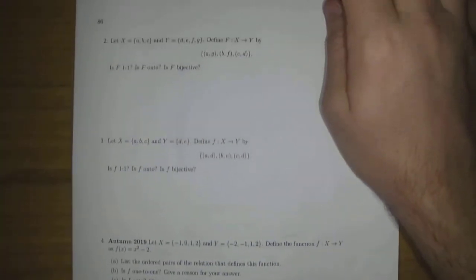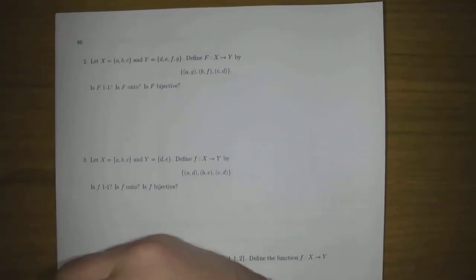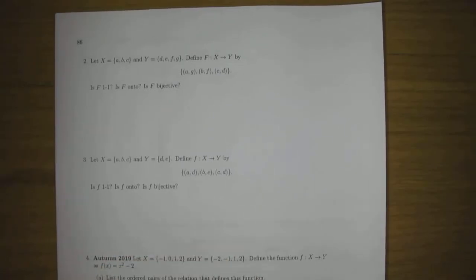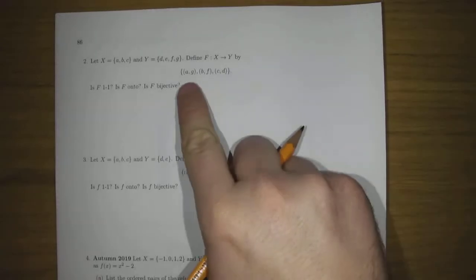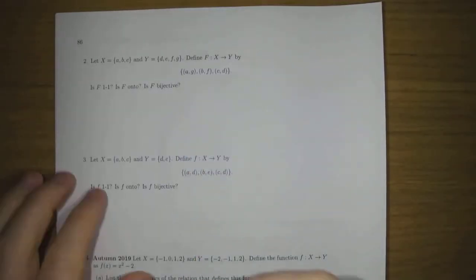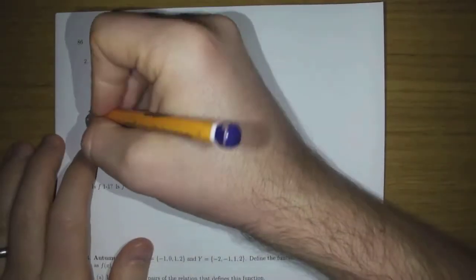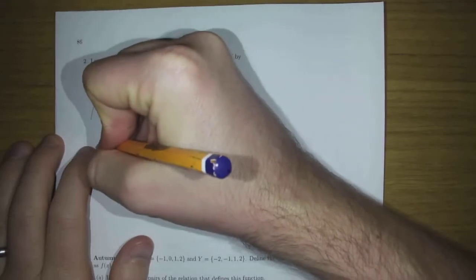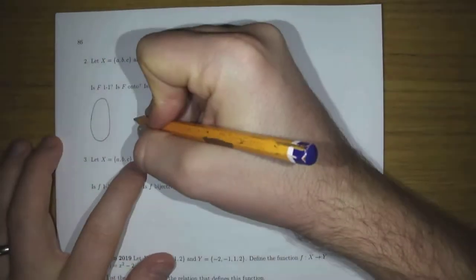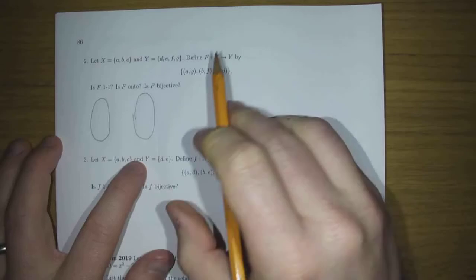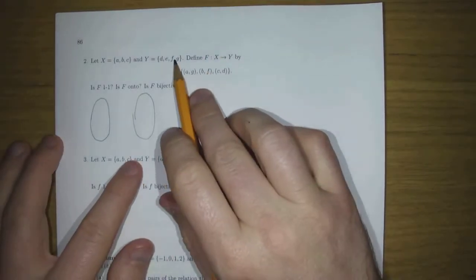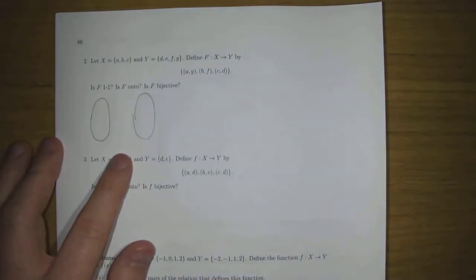Here's another one. Again, if you want to analyze it for one-to-one and bijective, you can look at these things and kind of eyeball them, but it's just going to be easier to draw the arrow diagrams. So here's the set X, and here's the set Y. These were all little f's by me, but I have a little f there as well, so I changed them to big F's.